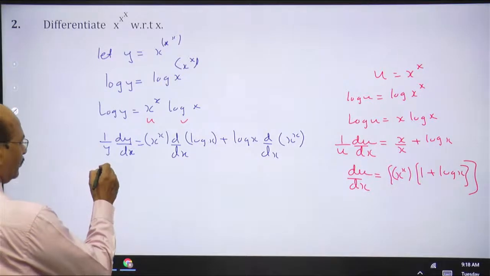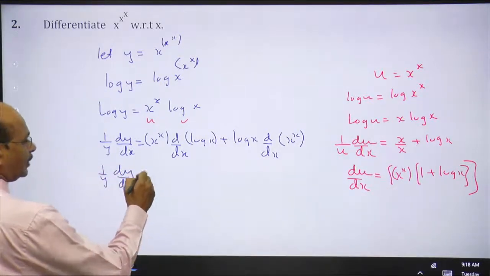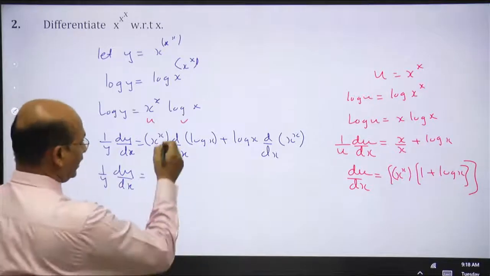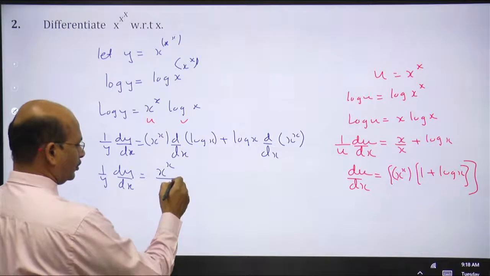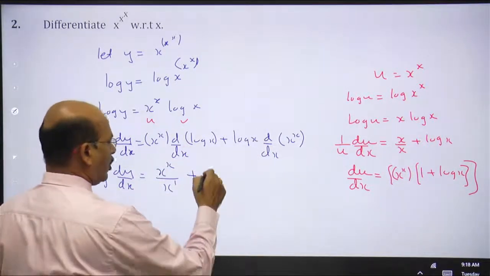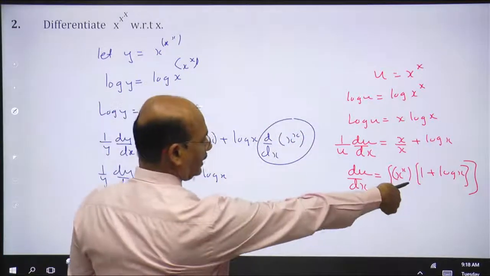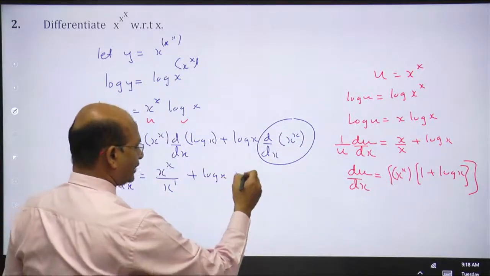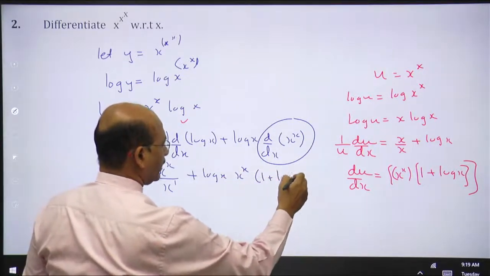So this is 1 by y dy by dx is equal to x raised to x upon x, you can make this x raised to x minus 1, no problem, plus log x. This portion I just now found the derivative of, so this is nothing but x raised to x into 1 plus log x.